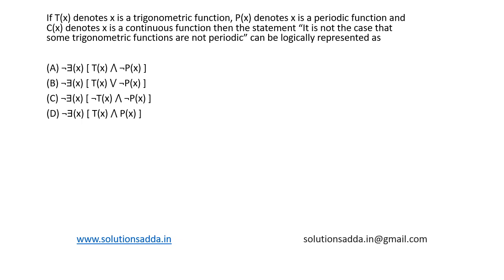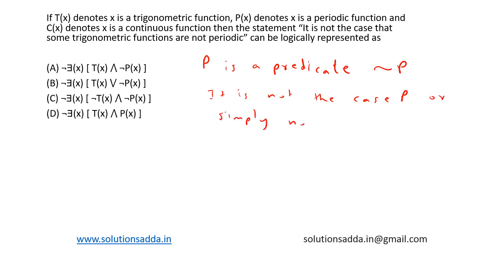So if P is a predicate, then negation P means that it is not the case that P, or simply not P. This is what P and negation P means.